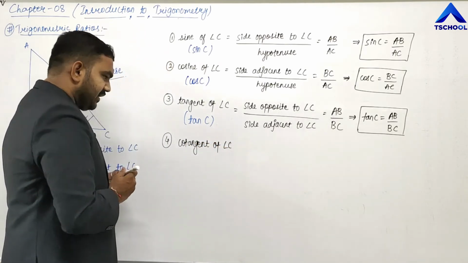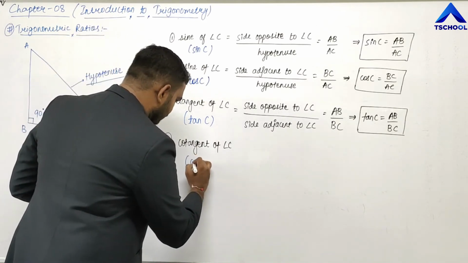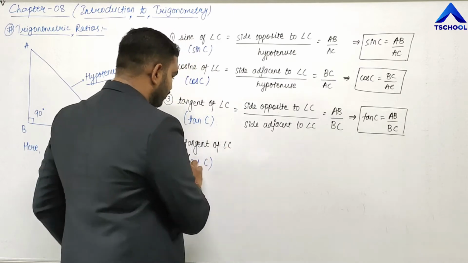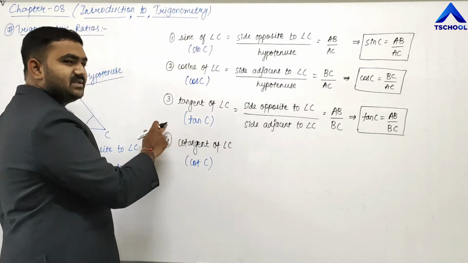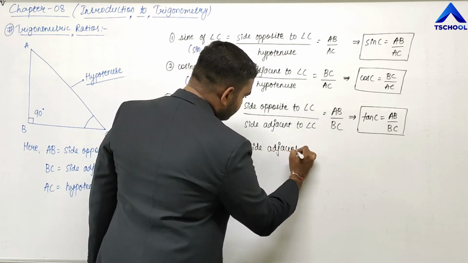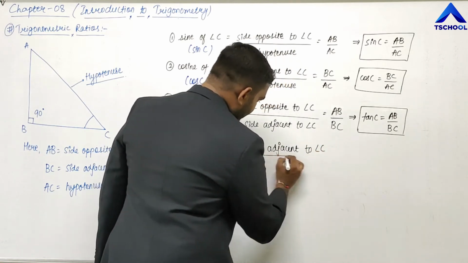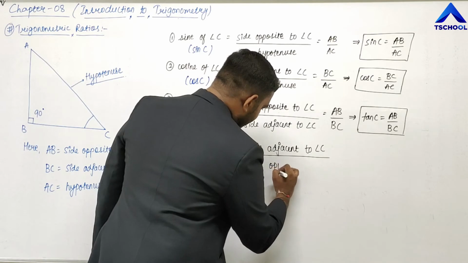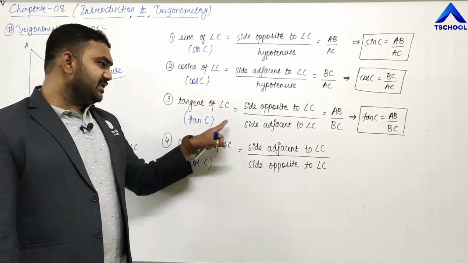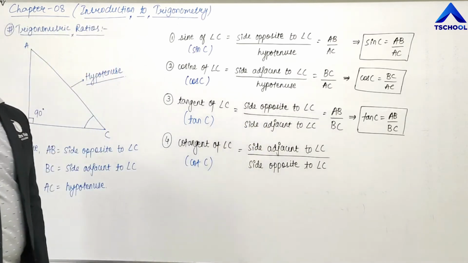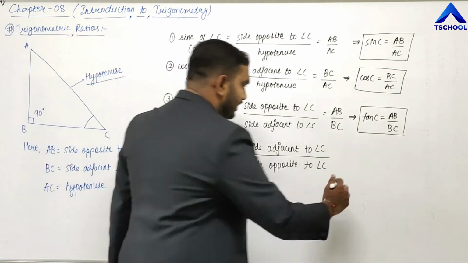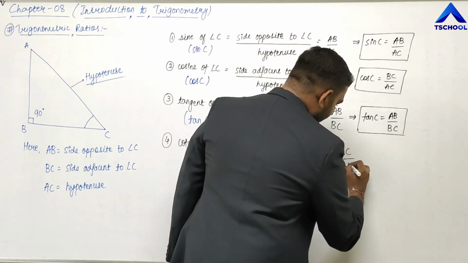Cotangent of angle C, in short written as cot C. This ratio, friends, is exactly the inverse of the tangent of angle C, that is the side adjacent to angle C upon the side opposite to angle C. In tan C, we had the side opposite to angle C upon the side adjacent to angle C. Now here we will have the side adjacent to angle C upon the side opposite to angle C, and that gives me BC upon AB.